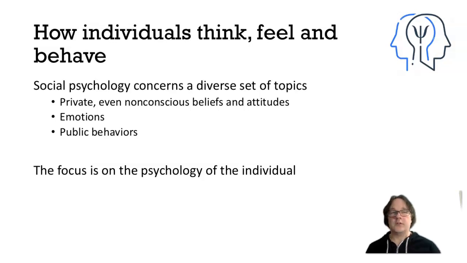There's such a thing called implicit attitudes, and there's actually tests that can measure these type of implicit attitudes or implicit biases. So social psychology tries to tap into some of those private or unconscious attitudes and beliefs that people might have.